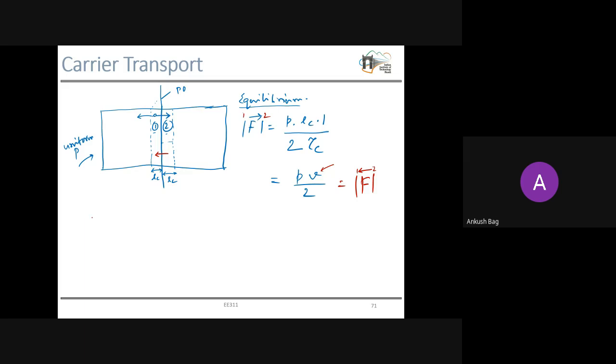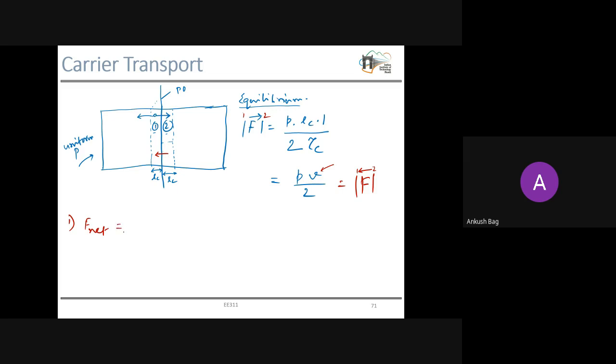Now, what is happening under non-equilibrium condition, or when we are having this net current? The first situation we can consider is when we have some net flux. Net flux means there will be a flux from 1 to 2 and another flux from 2 to 1.